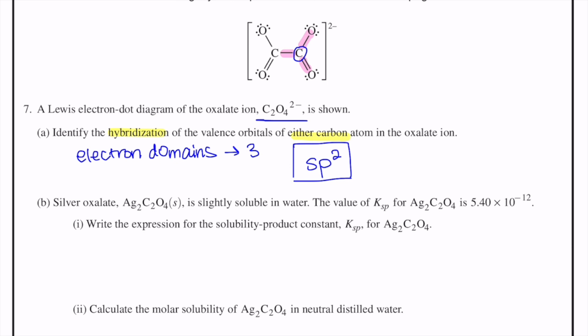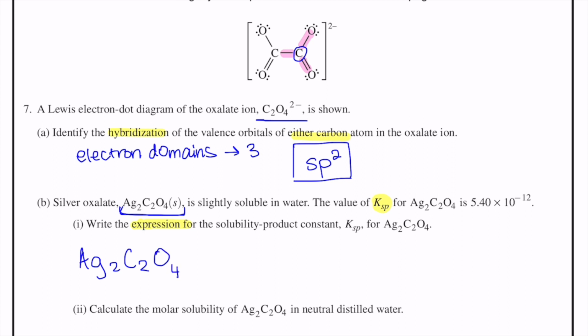So now for part B, they're asking about KSP. They're asking for the expression. So the first thing that you're supposed to do when you see this type of question is write the dissociation equation for whatever is in question. So this is silver oxalate.